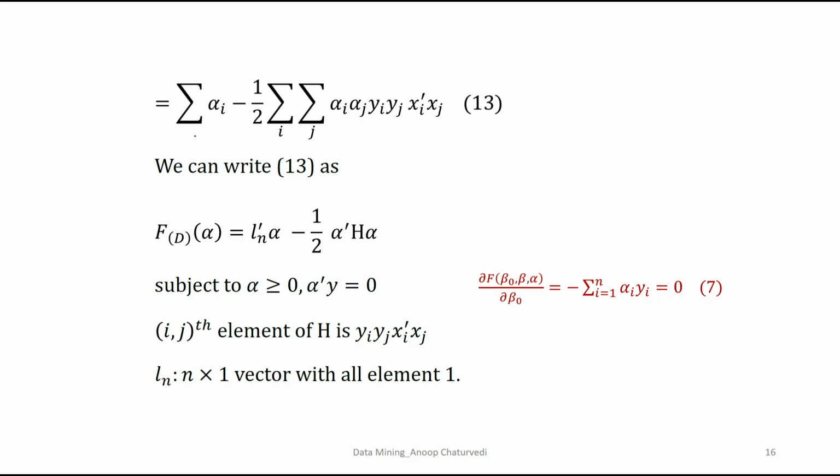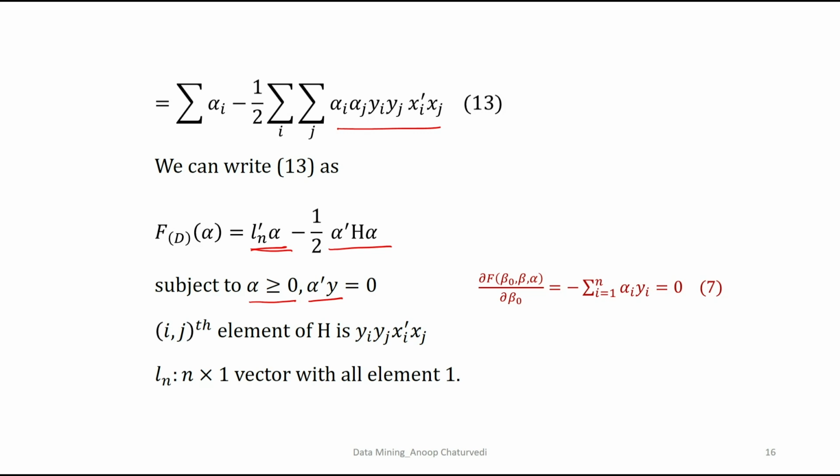So, we get summation alpha i minus half summation i summation j alpha i alpha j yi yj xi transpose xj, and then we can write this as f(alpha) equal to 1n transpose alpha, using the vector and matrix notations, minus 1 upon 2 alpha transpose H alpha, subject to alpha greater than or equal to 0 and alpha transpose y is equal to 0.